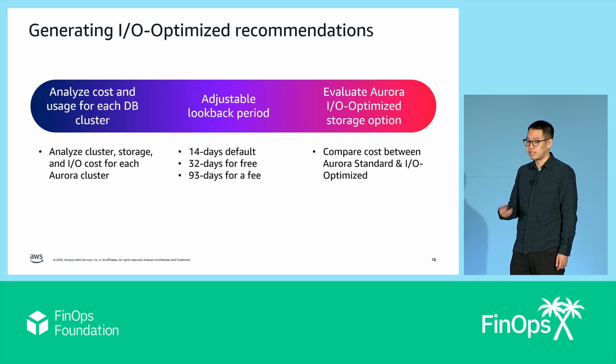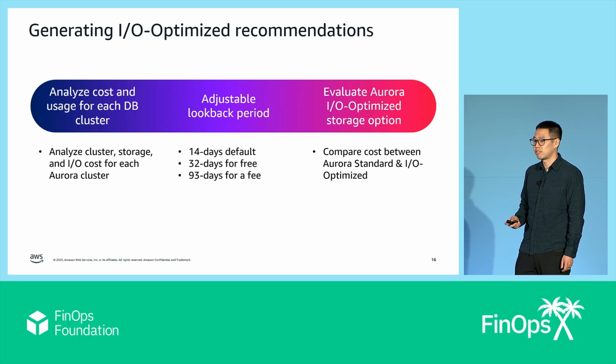And you can adjust this look-back period up to 93 days, so you can capture those monthly and quarterly patterns in your usage to generate these insights. And we do that for every cluster, and we give you the option to compare both the Aurora Standard cost to the Aurora I/O-Optimized option.